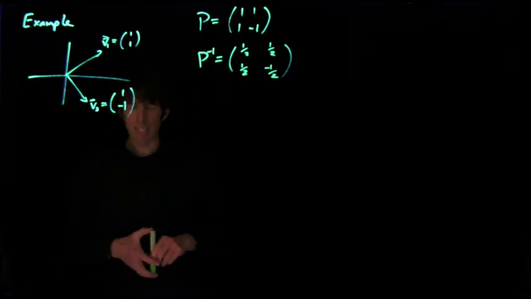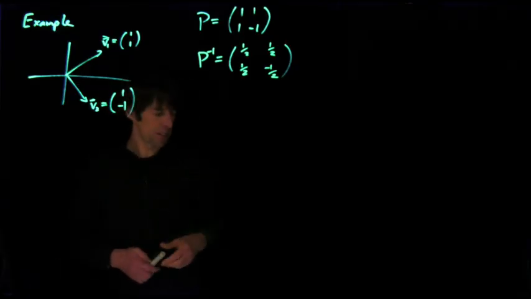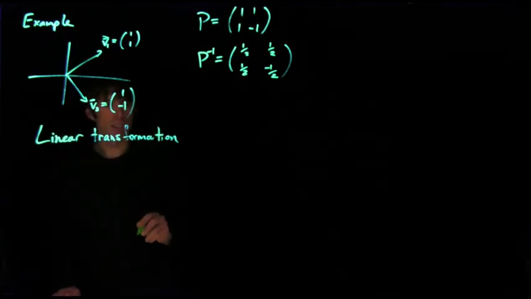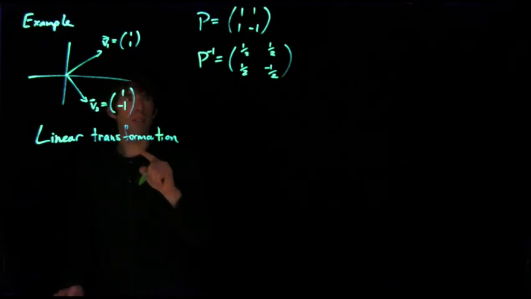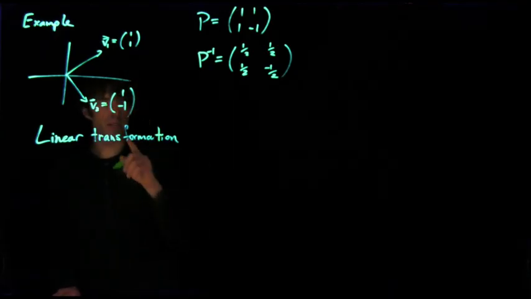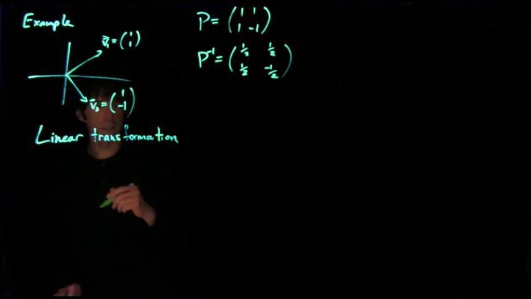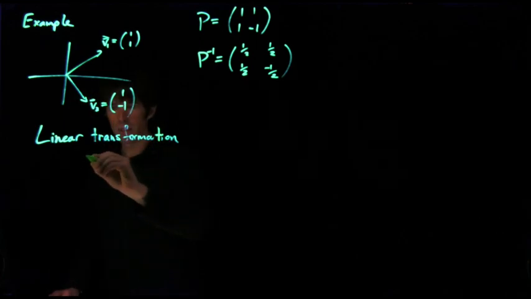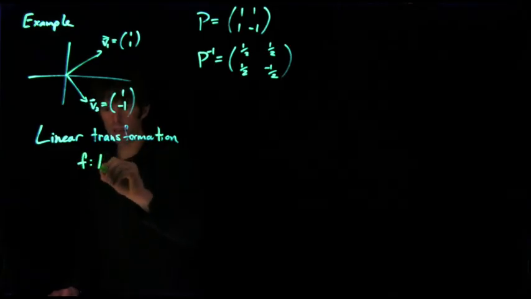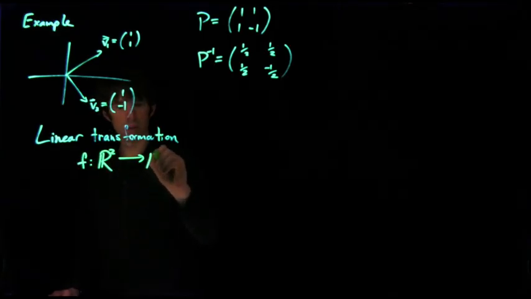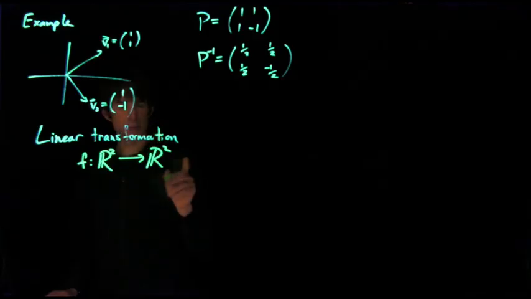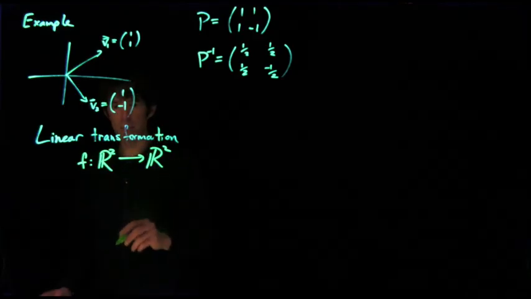And now we need to add into the mix a linear transformation. Let's define this linear transformation with the input and the output specified in the v basis. Let's say this linear transformation f goes from R2 to R2. I'm keeping things simple by using the same domain and codomain and specifying the input and the output with respect to the v basis.